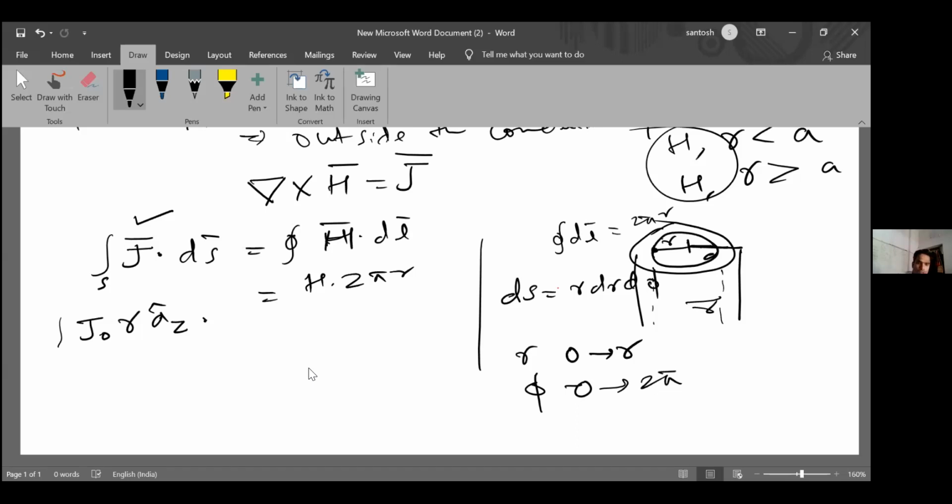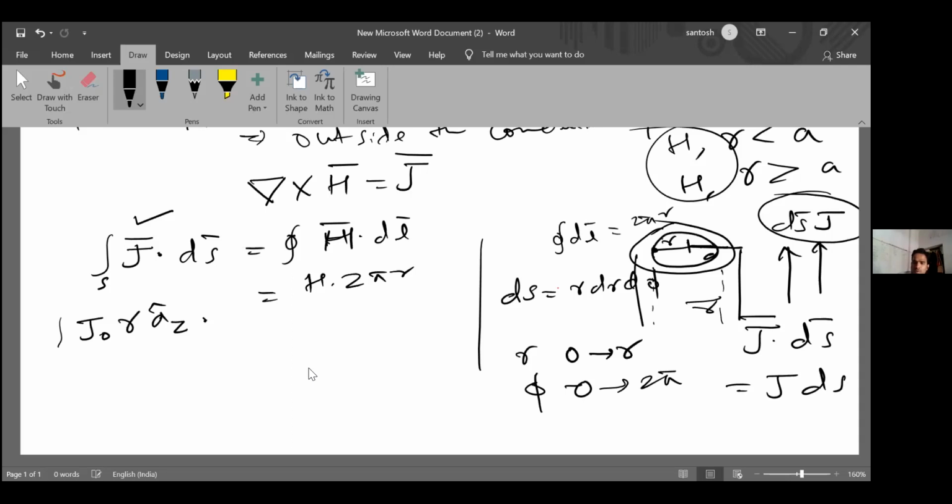Where is the direction of ds bar? It is along the same direction as j bar. J bar and ds bar are in the same direction, so j bar dot ds bar is equal to j into ds. But what is ds? Ds is r dr d phi.